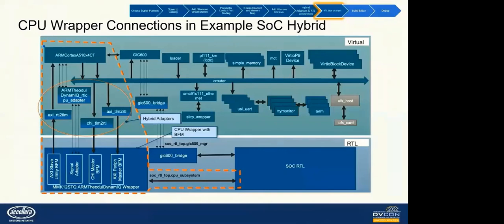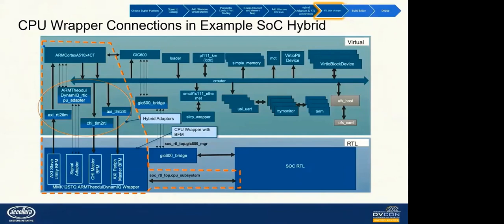All right. So far we have just talked about how we can deal with the virtual side of the modifications in the hybrid platform. Now let me talk about the changes that we have to do on the RTL side in order to bring up the hybrid platform. There are three important changes.